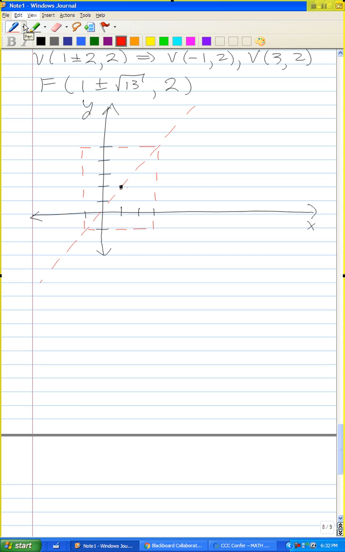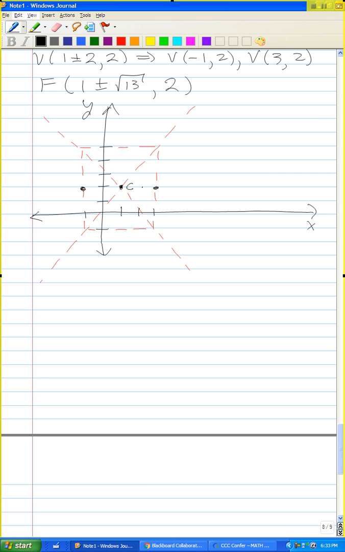Let's see if I can do it. Should not skip around too much. Okay, not too bad. And it's the X. And so that's going to be here, here.